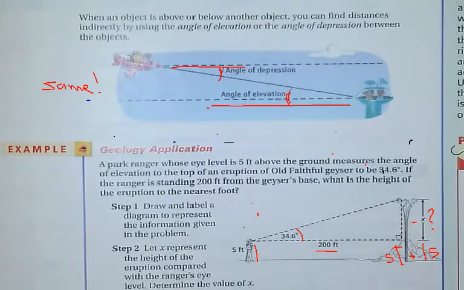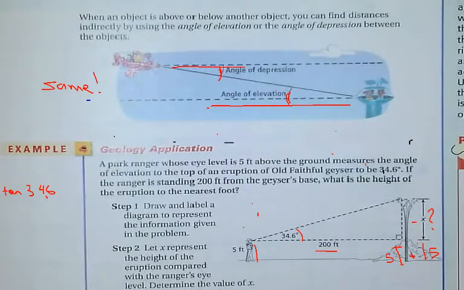That's tangent again. So we're going to say the tangent of 34.6, I put the decimal in the wrong place. 34.6, the tangent is equal to x over 200.